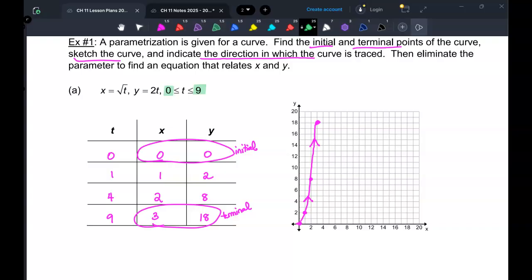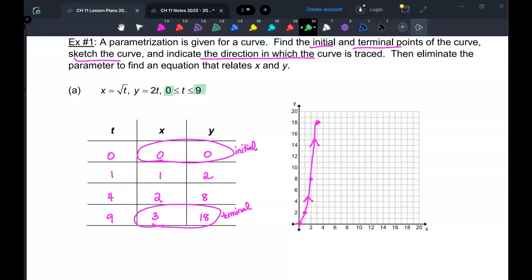With parametric equations, unless your parameter t is for all reals, generally speaking, it's going to have a starting point and an ending point. Kind of like a vector. A vector has an initial and a terminal point. But vectors are straight, like arrows, whereas a parametric can be a curve.